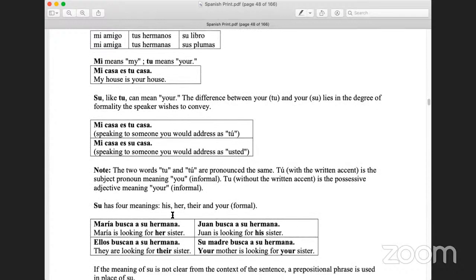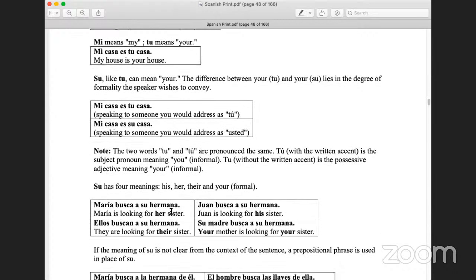Mi means my, tu means your. That's why you hear mi casa es tu casa, or mi casa, su casa. My house is your house. Mi casa es tu casa.